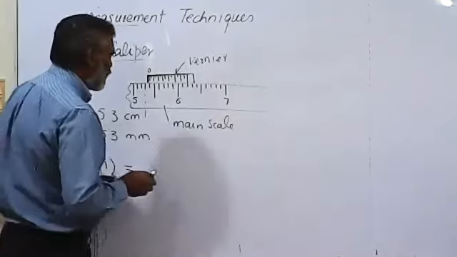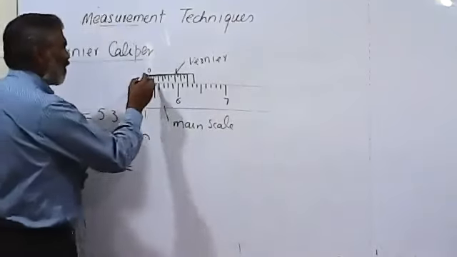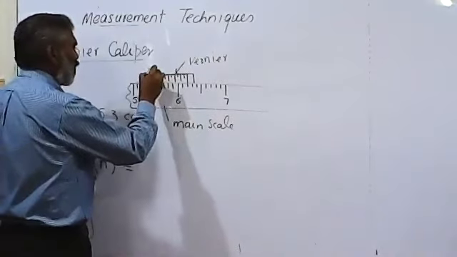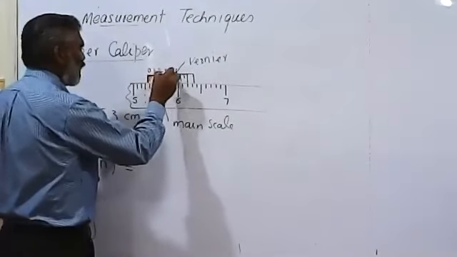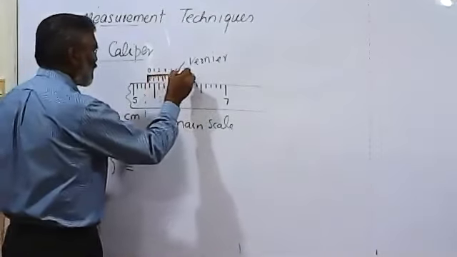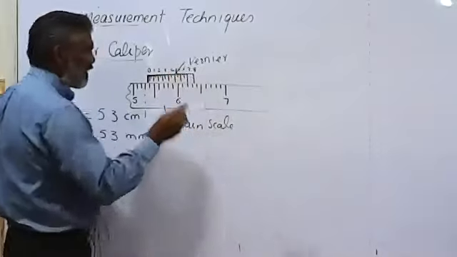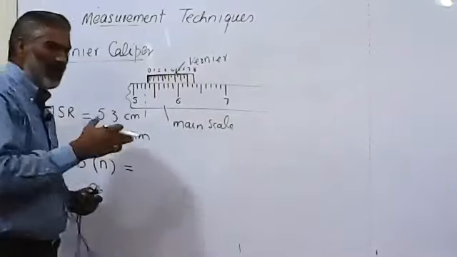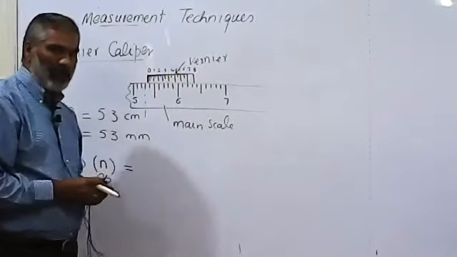An important thing to remember is here we have the numbers written as 0, 1, 2, 3, 4, 5, 6, 7, 8, 9. That means there are a total of 10 divisions numbered on it.